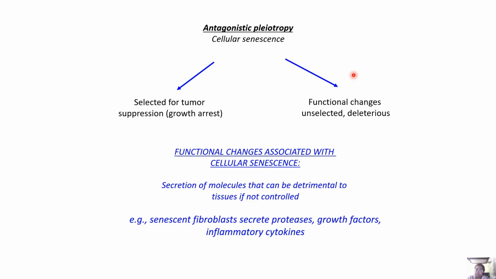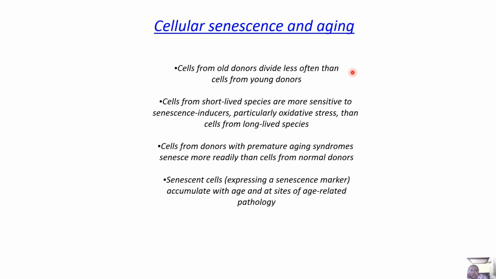Now, functional changes associated with cellular senescence include secretion of molecules that can be detrimental to tissues if not controlled. An example is that senescent fibroblasts secrete proteases, growth factors, inflammatory cytokines, etc. Cells from old donors divide less often than cells from young donors.